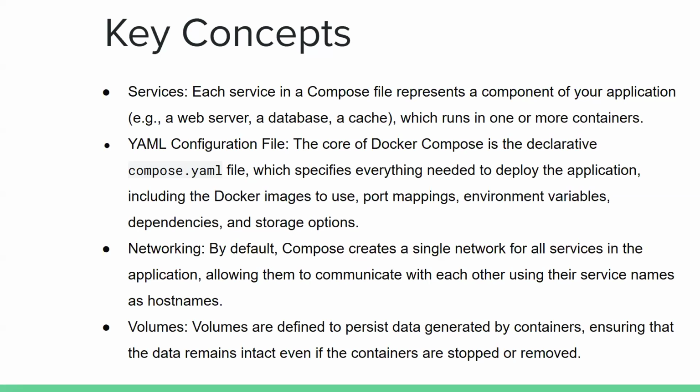If it is Mongo network, you have to attach to the Mongo network. But when you are using Docker Compose, it automatically creates the network. It creates a single network for all services in the application, allowing them to communicate with each other using their service names as host names. So that networking part is somewhat automated when you are using Docker Compose. So that is a big advantage.